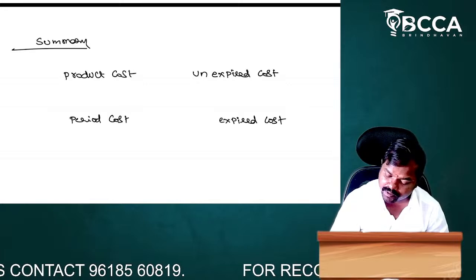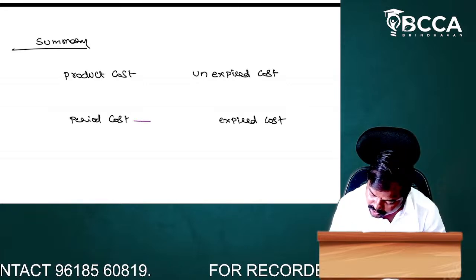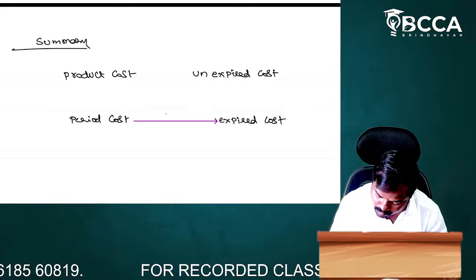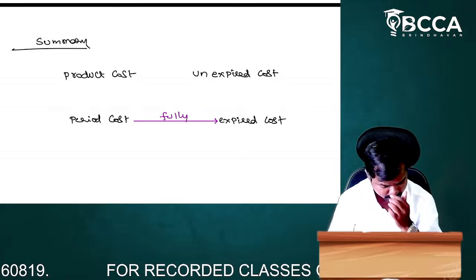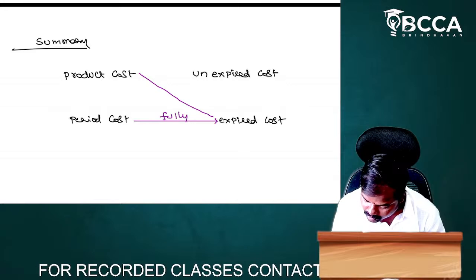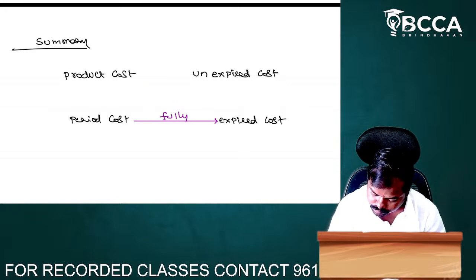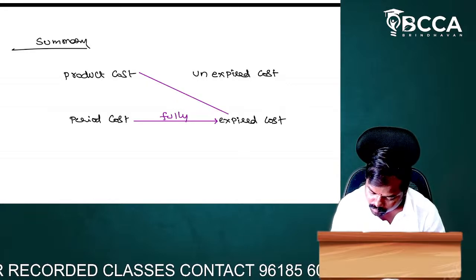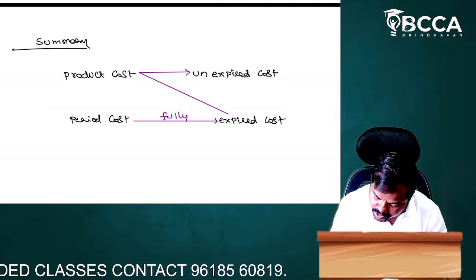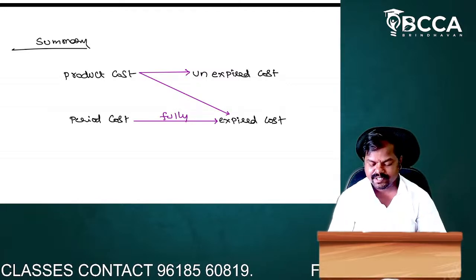Listen carefully. Period cost is fully expired. Next, product cost: some portion unexpired, some portion expired.